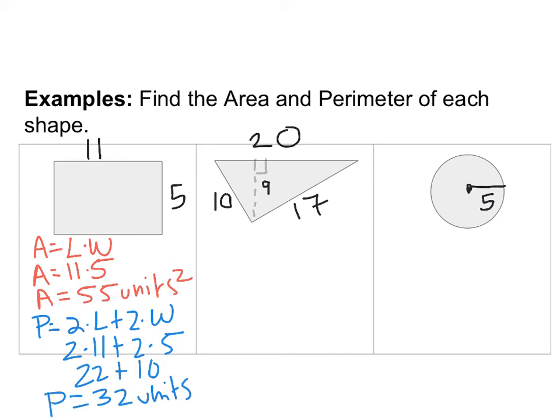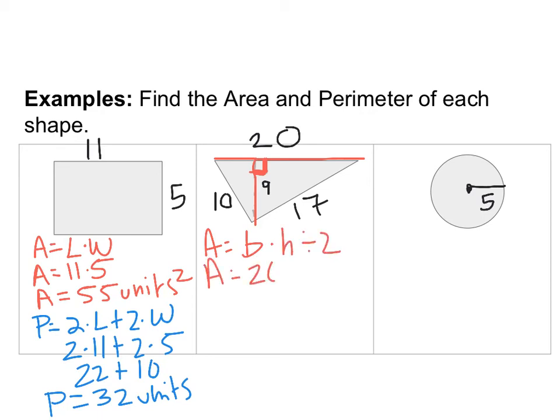Now for the triangle, this is the trickiest one because you have to decide which sides to use. We need a base and a height, and in order to have that, we need two sides that make a right angle. So that would be the 20 and the 9. The 10 and the 7 are tempting, but it isn't marked as a right angle, so we don't know that it's a right angle. So we're going to do area equals base times height divided by 2.